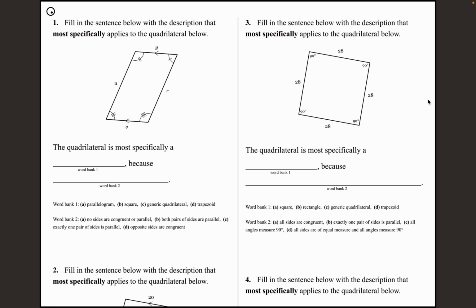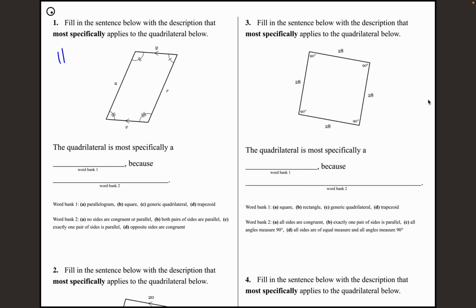So let's look at number 1 right here. What do we know about number 1 by just looking at the image? It has 1 set of parallel lines. The angles are not congruent, and they all have different hash marks, so they're all different values.